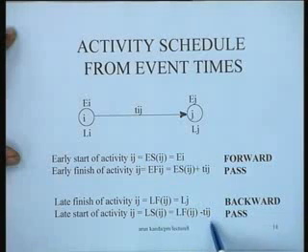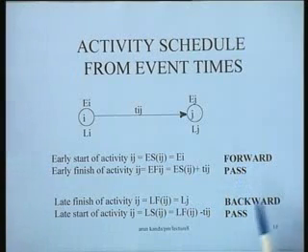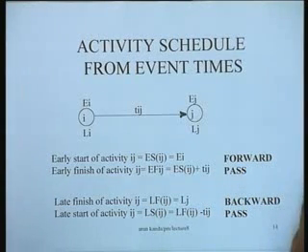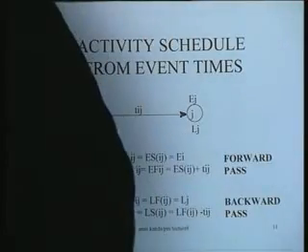So this information is actually available from the backward pass. So essentially the forward pass and the backward pass are determined to give us the information pertaining to the early start and early finish, the late start and the late finish for the activity.